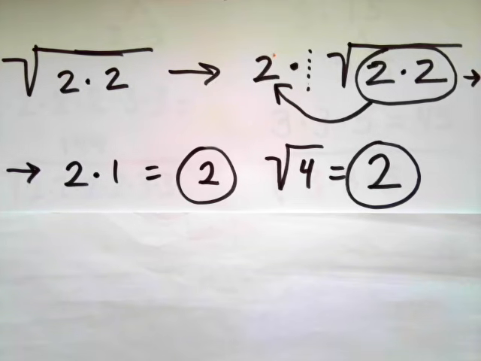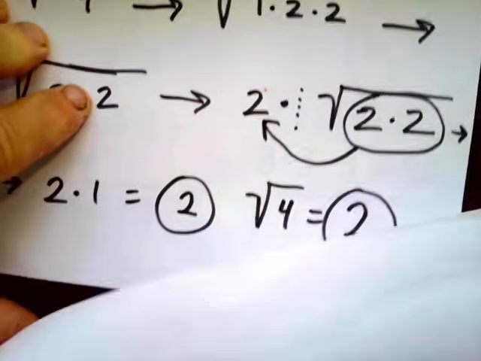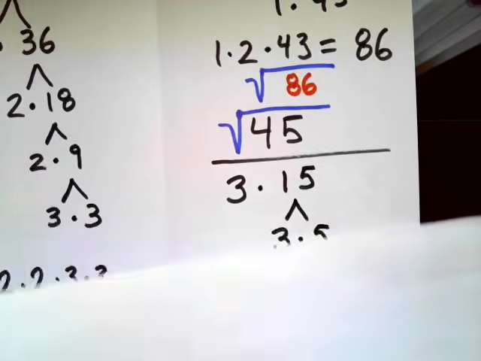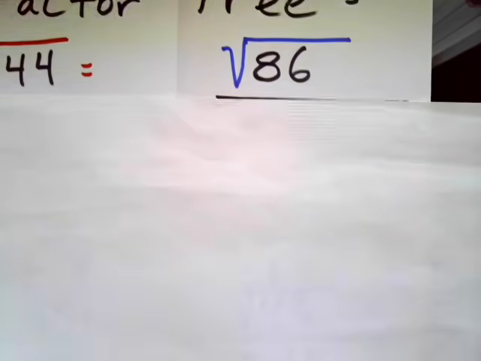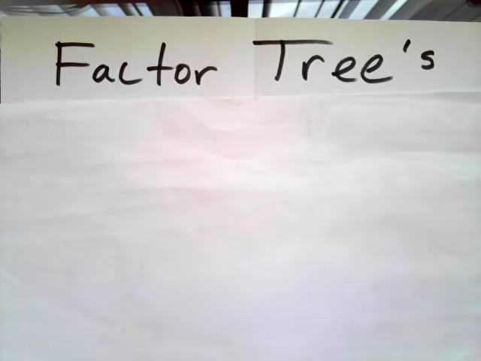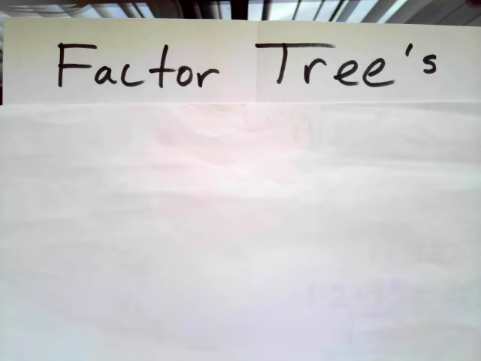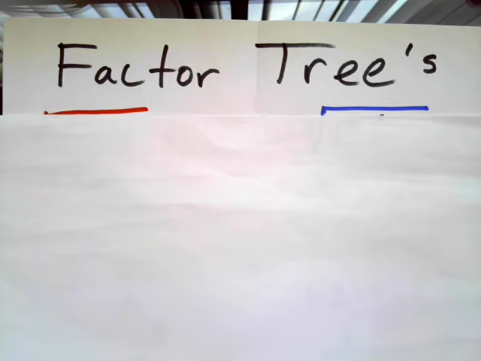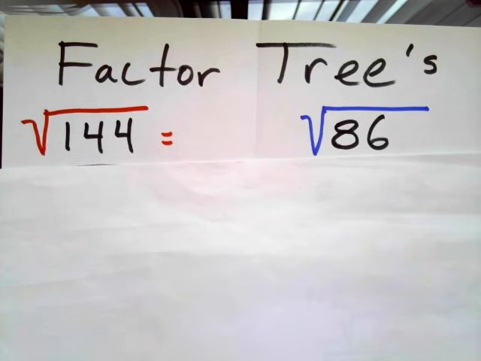Now, we got a little more time here on the video. I'd like to show you some more examples using a factor tree and manually simplifying these square roots. So we got a square root of 144 and 86.